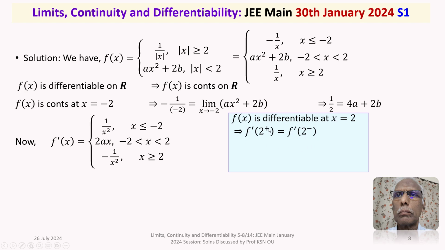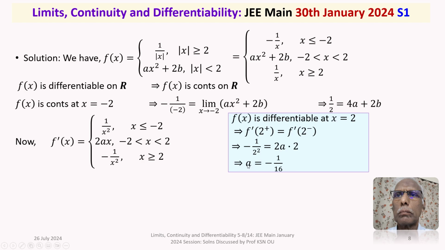So, f prime of 2 plus, x greater than or equal to 2, is minus 1 by 2 square, equal to f prime 2 minus, from this side, that is 2a into 2. So, that means you will get the value of a as minus 1 by 16.